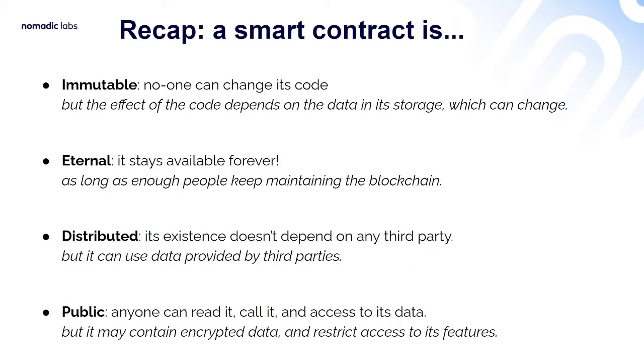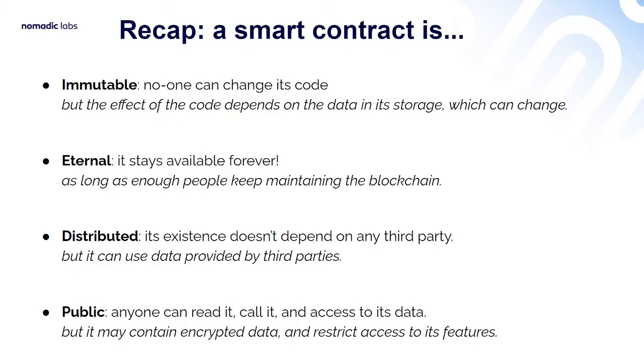So to recap, a smart contract has a number of properties. It's immutable, which means no one can change its code once it's deployed. But it's important to keep in mind that the effect of the code may depend on the data in its storage, which can change. It's eternal, it stays available forever, of course, as long as enough people keep maintaining the blockchain.